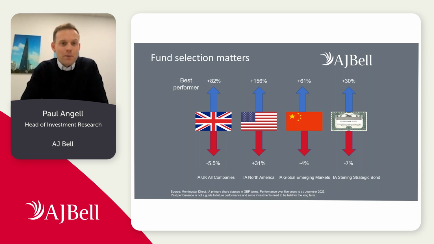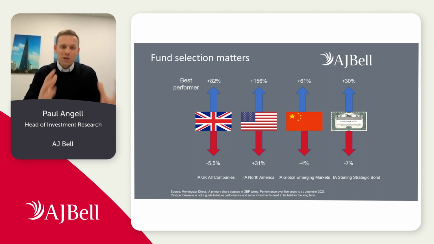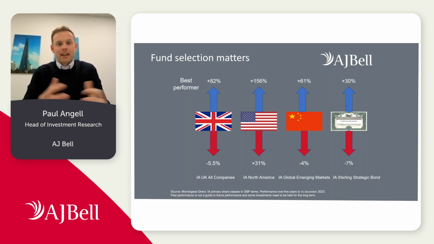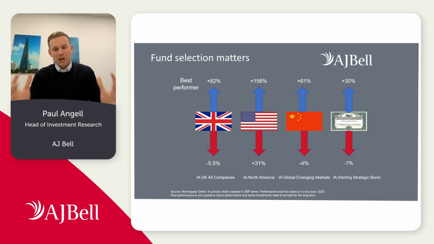So in the UK all companies sector, the best performing fund has delivered 82% return for investors, whereas the worst performing fund has actually lost 5.5%. In the US, it's actually even more stark, and while everything's been up, some funds have more than doubled your money, 156% up in 5 years, whereas the worst performing fund is up just 30%. And it's a similar story for emerging markets and the sterling strategic bond sector as well.